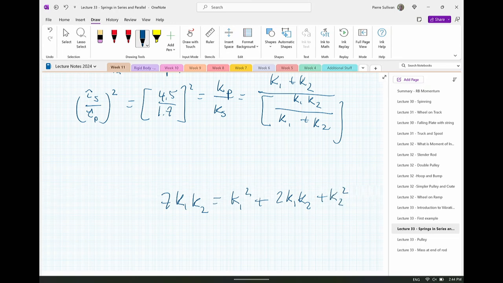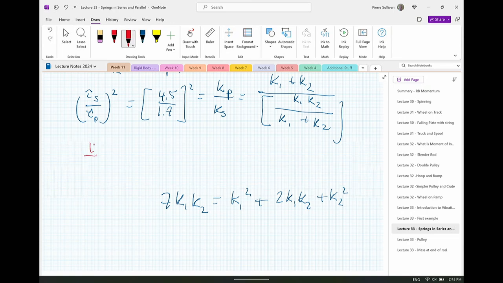So I'm adding all the terms up, and all I'm trying to do in this particular case, in this mess of an equation, is to come up with the same form of the equation that I've written.